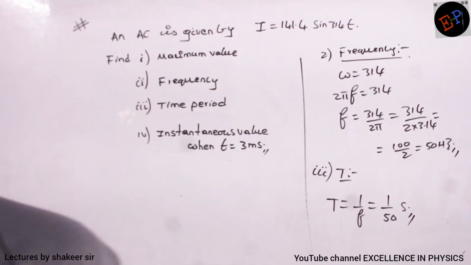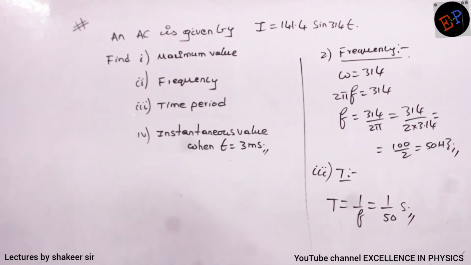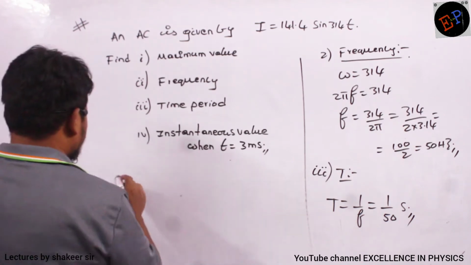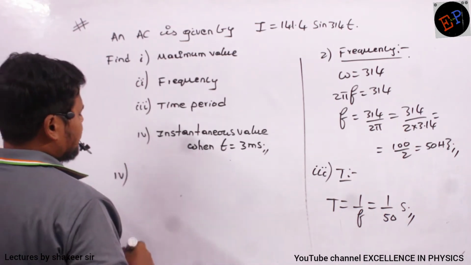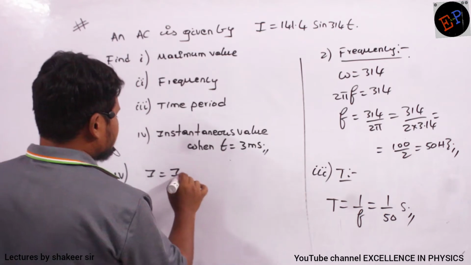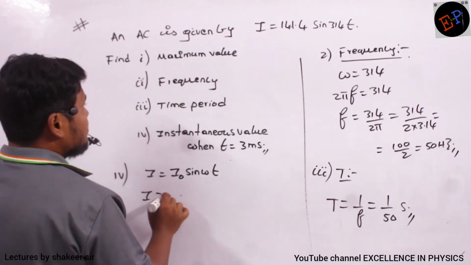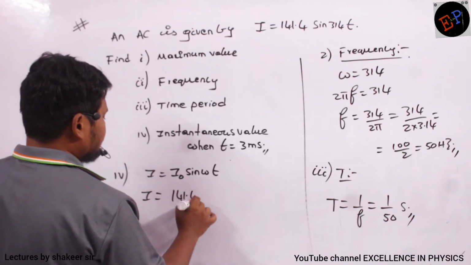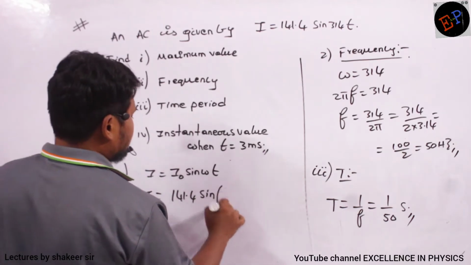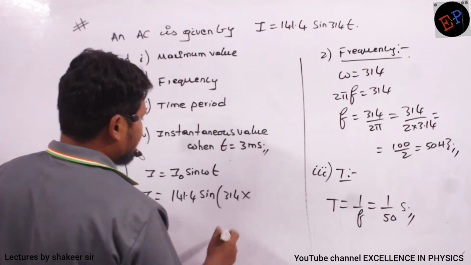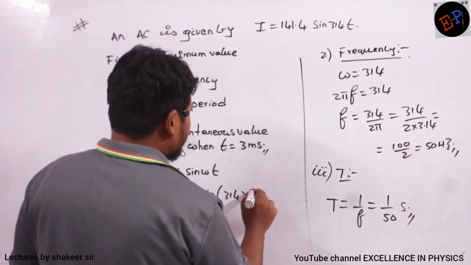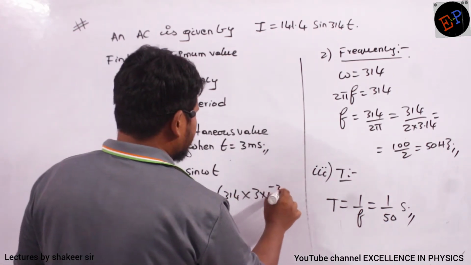Now see the fourth one. What is the fourth one he is asking? Fourth one is instantaneous value of current. It means I is equal to I naught sin omega t. What is the equation given? I is equal to 141.4 sin of 314 multiplied by time taken. Time taken is 3 into 10 power minus 3 seconds.